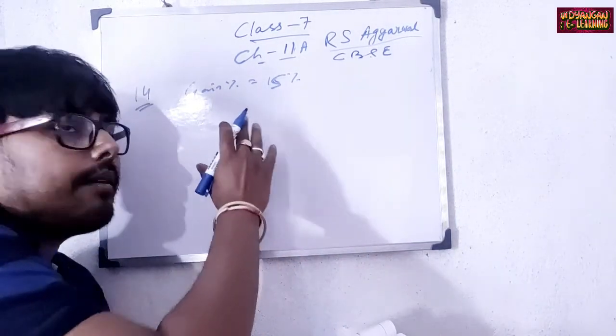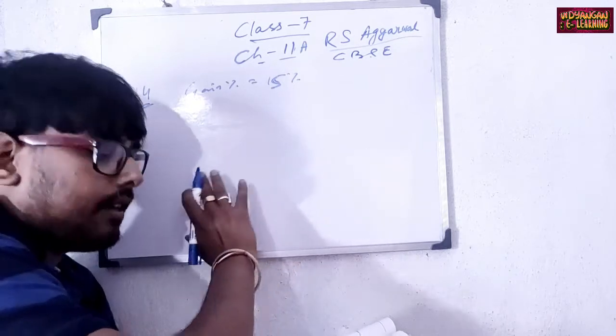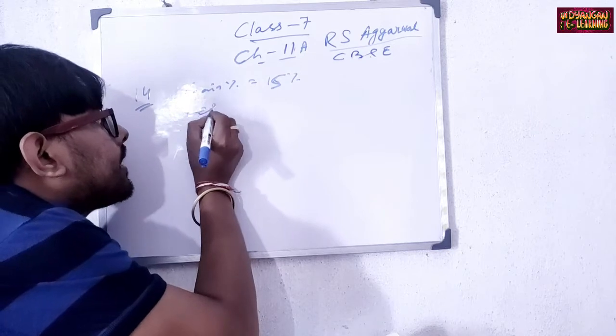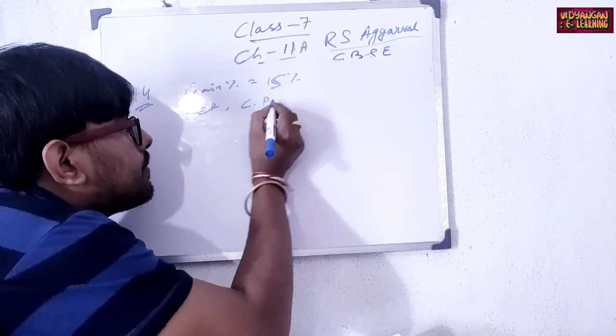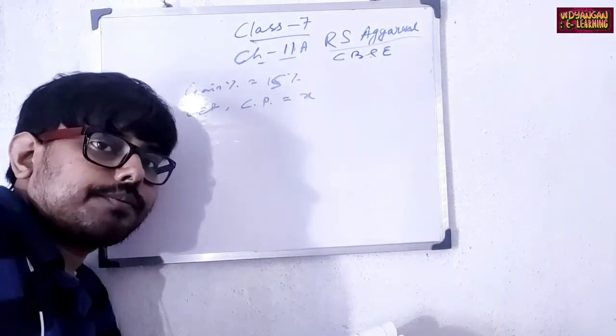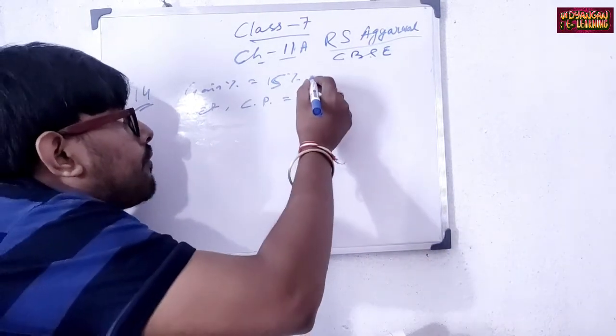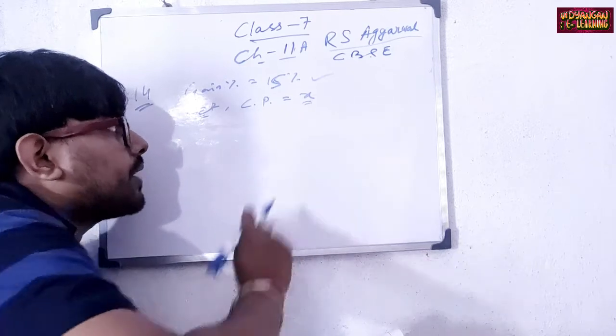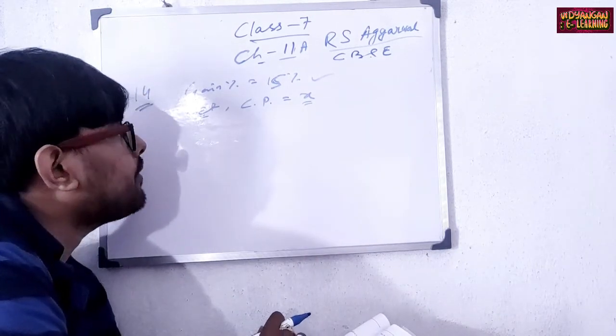So we don't have any selling price or cost price. Now let the cost price be X. You have gain percent 15% and we take cost price as X, as it is not given.